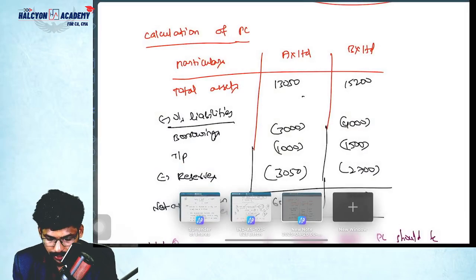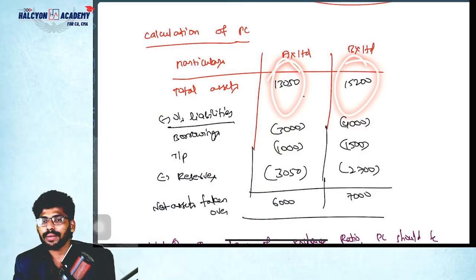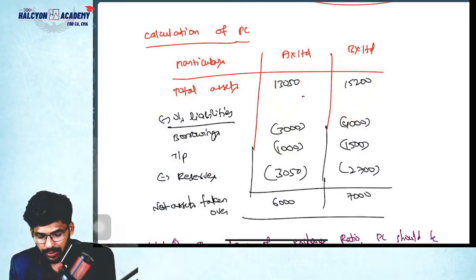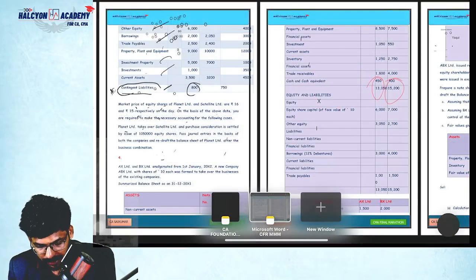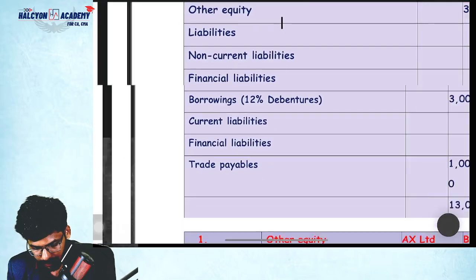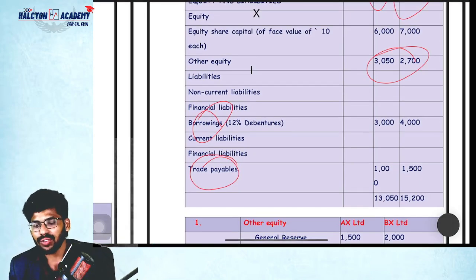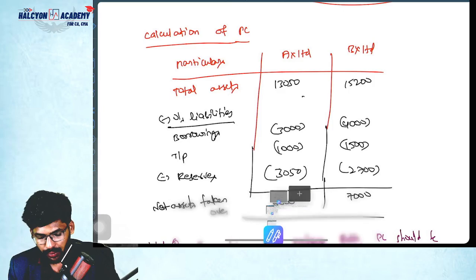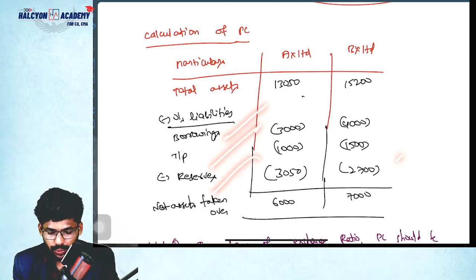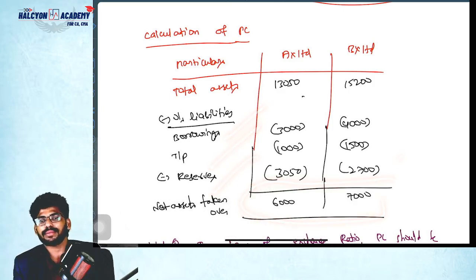Next, reduce the outside liabilities: borrowings and trade payables. Only two outside liabilities. Including reserves, nothing but other equity, you need to reduce that also. So borrowings, trade payables, reserves. Then you will get the net assets value.